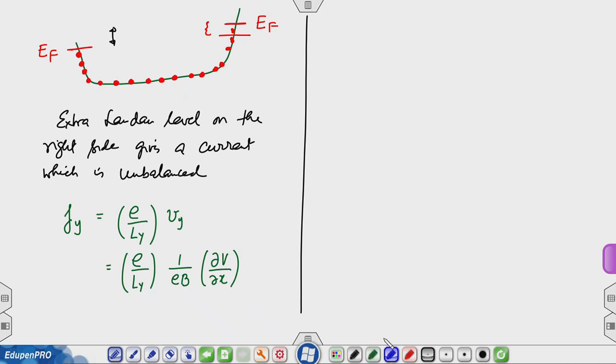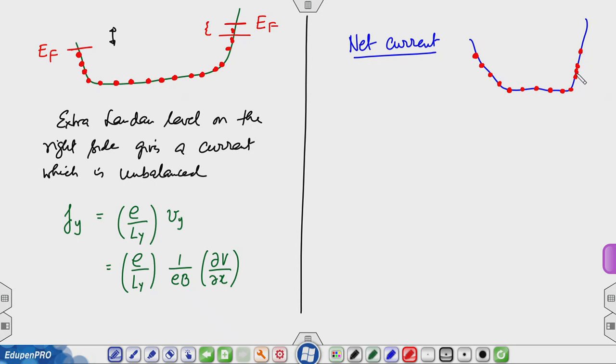In general, I have got to count current due to each of these and add it up. So, what I am going to do is net current, because the potential in between could be anything. So, as long as this potential is below the EF, this could be like this, and here are these Landau levels. So, everywhere there could be a current, and I will just add it up.